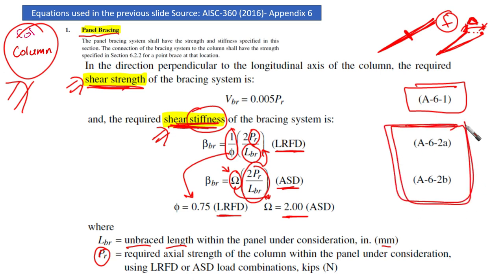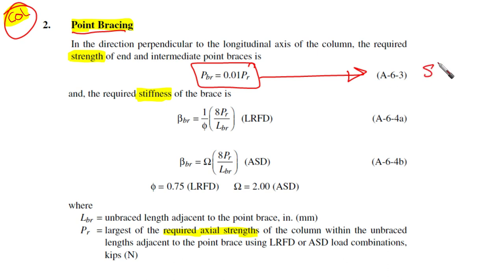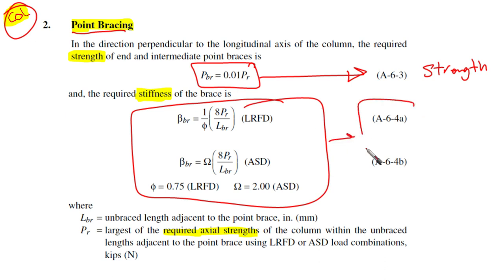Now let's go to the second part, which is column point bracing. We have two equations. One equation is related to the strength, and the other, bigger equation is related to the stiffness.